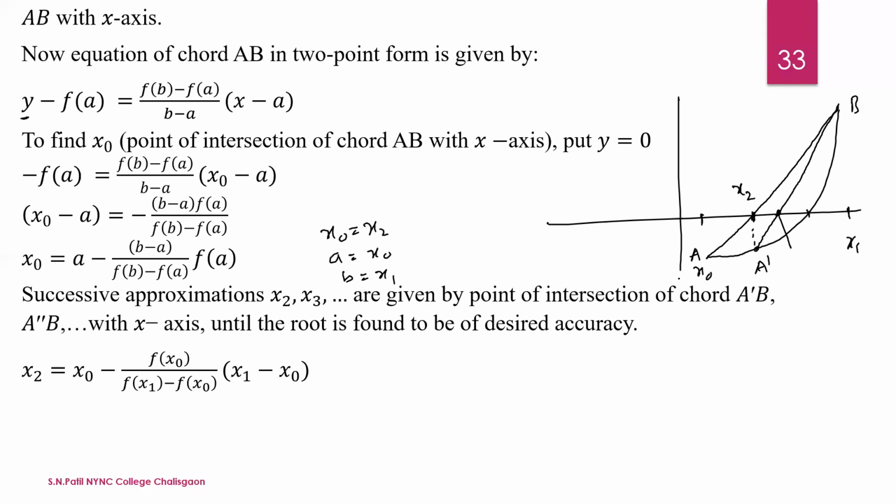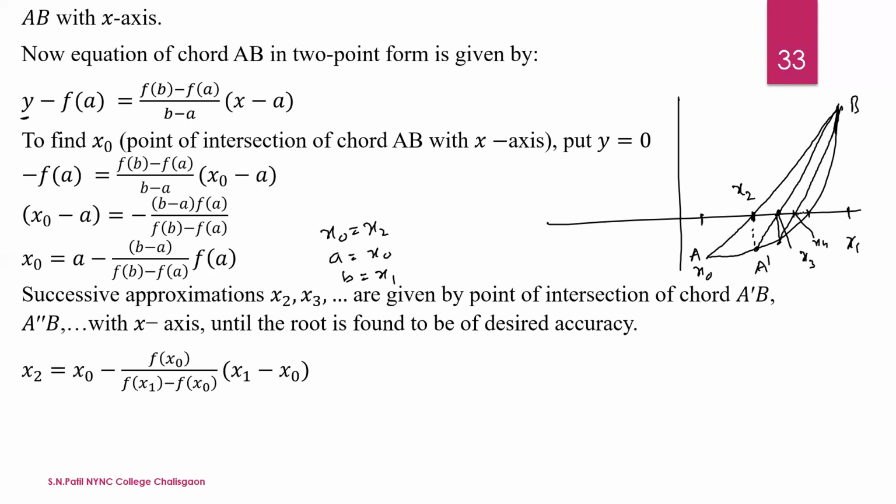That is, the curve is passing through these two points x naught and x1, and this is the first false position of the root. Instead of x naught we consider x2. Then the second approximation, that is x3. Then again joining the chord from this point, this is x4.